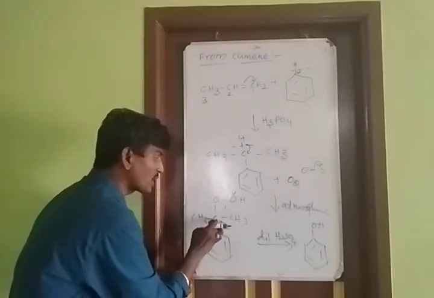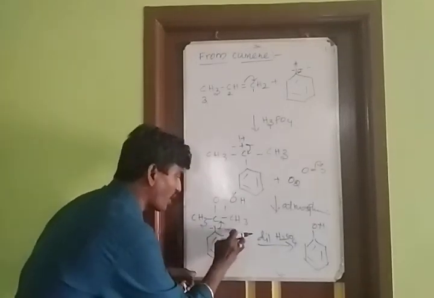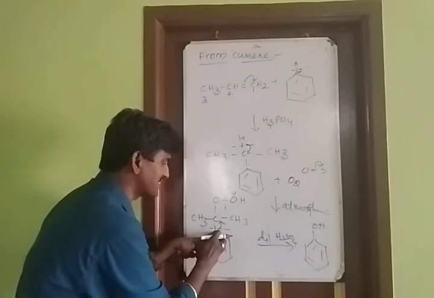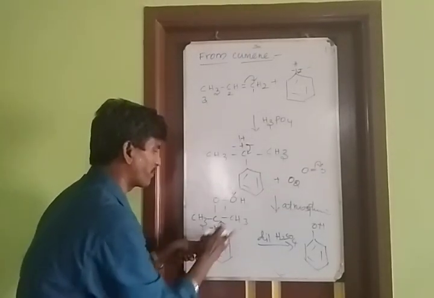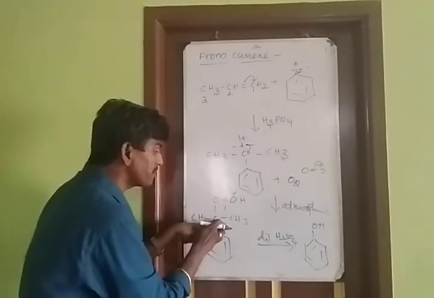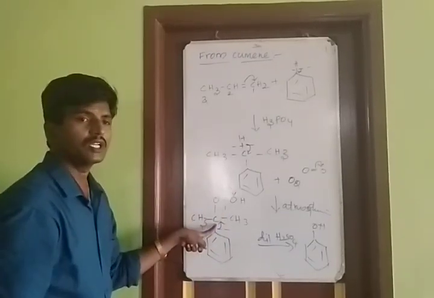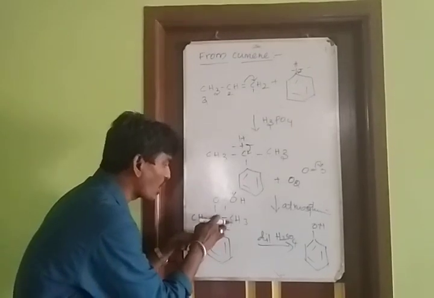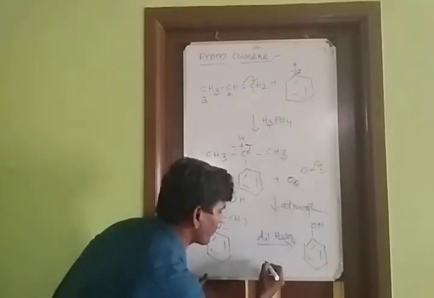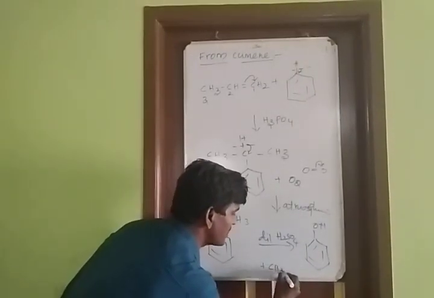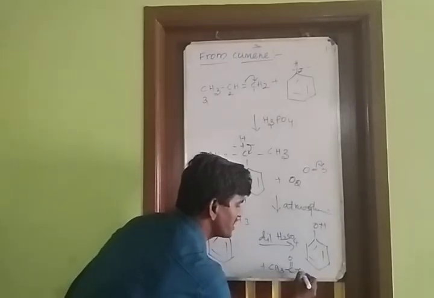So here the propyl carbon atom takes one pair of electrons. Here also the bond breaks. What's the charge of this? C plus. OH minus. So bond formation. Phenol. Here C minus, oxygen plus, plus minus, bond formation. So one more bond forms between carbon and oxygen. You can get a byproduct. The byproduct is CH3, C double bond O, CH3.